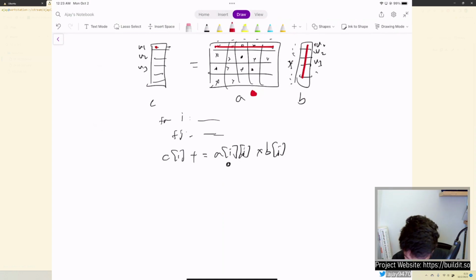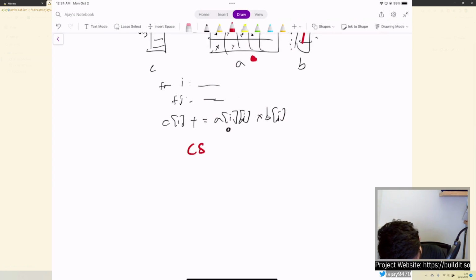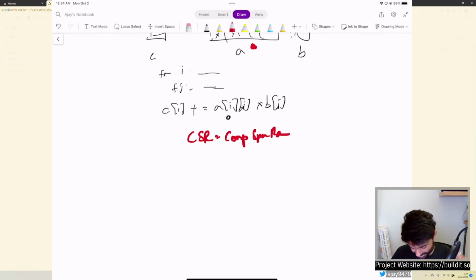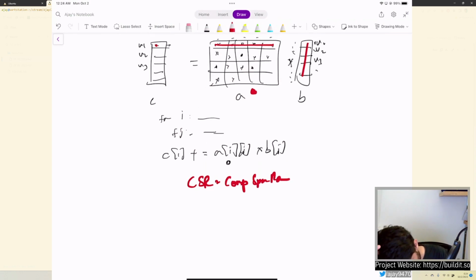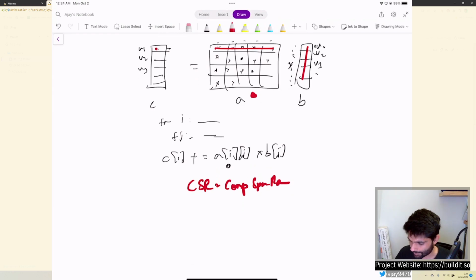One way that a lot of scientists have come up with is called the CSR representation, or compressed sparse row representation. What this means is your rows are compressed. Instead of storing all the values in the rows, only the non-zeros are stored.